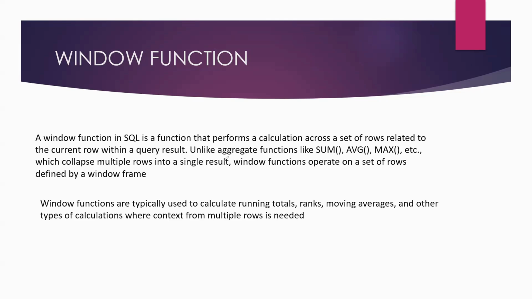If we want that, then we use aggregate functions like sum, average, max, and that will give us a single result. But if we want, for each student in each subject, the maximum marks, that type of information, then we use window function.